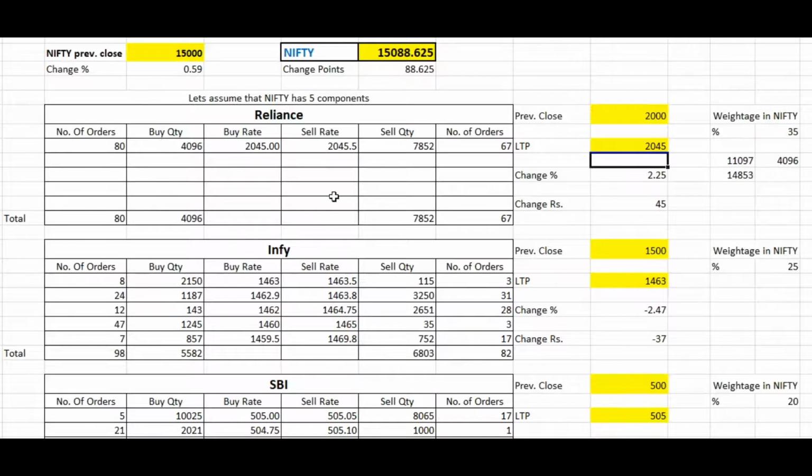Now this will be the rate of change. The rates quoted below 2045 will be accumulated as the pending quantity.